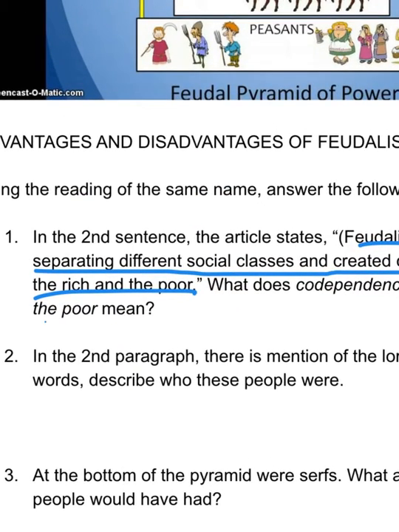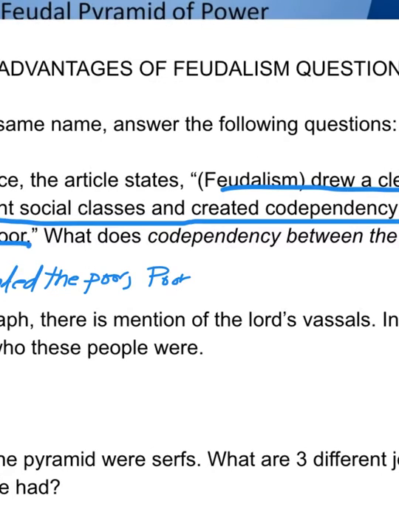It means the rich needed the poor, and the poor needed the rich.